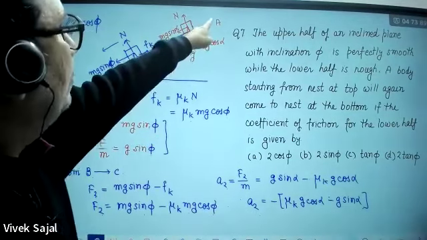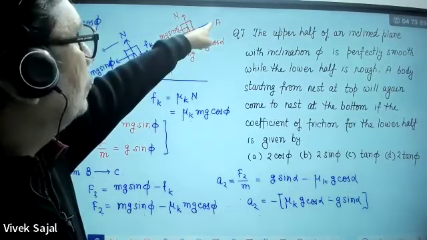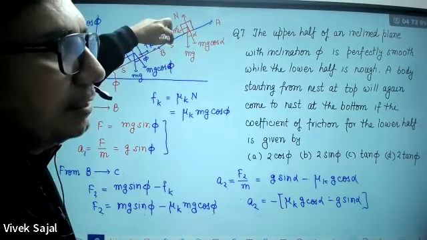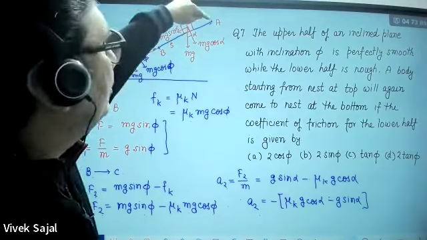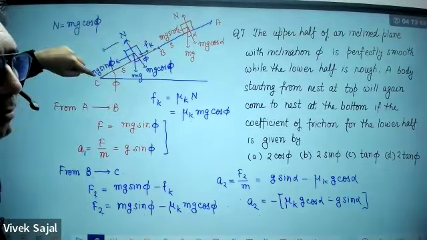Now what he is saying is, from here to here it is accelerating. So in traveling this distance it will accelerate and acquire some velocity. From 0 to v it will become, and from here v to 0 it will become.